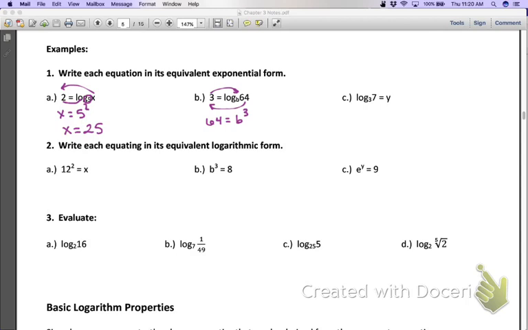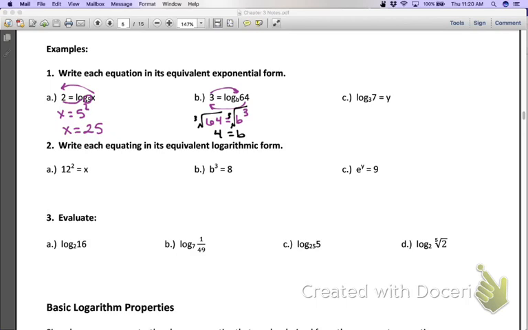So you've got to figure out what number to the third power. If you need to, you can do the cube root. So what number times itself gives you 64? So 4 is equal to b.